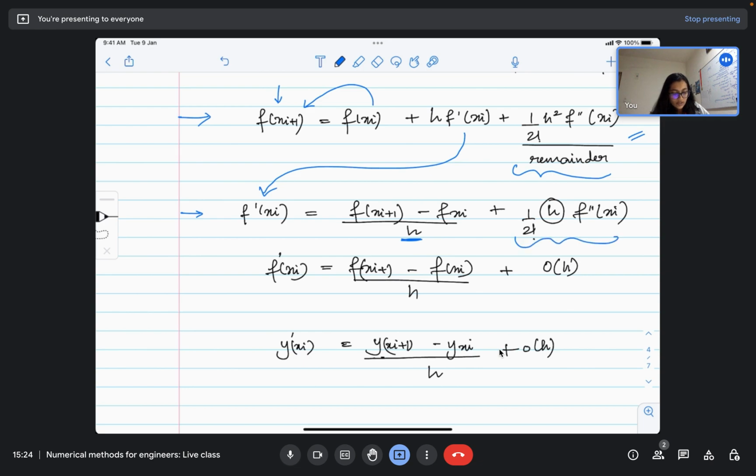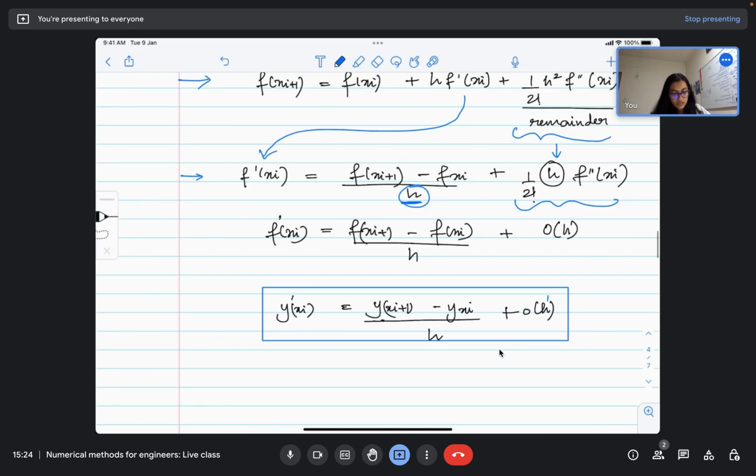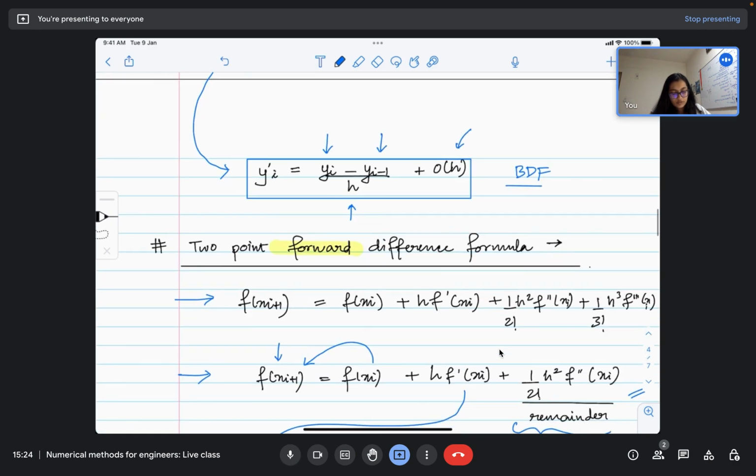So again we see that when we divide the entire expression by h, the truncation error reduces from h squared to just h, right? So the simplified formula even for forward difference is y dash of xi is equal to y of xi plus 1 minus y of xi divided by h plus the truncation error, which belongs to the order of h to the power 1. Okay. So this was about the forward difference formula.